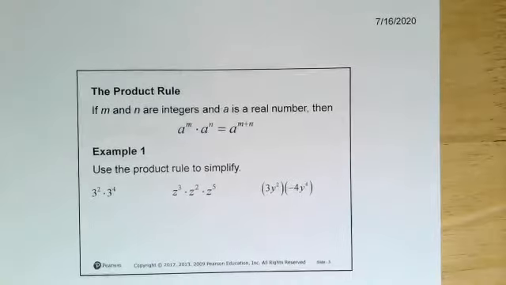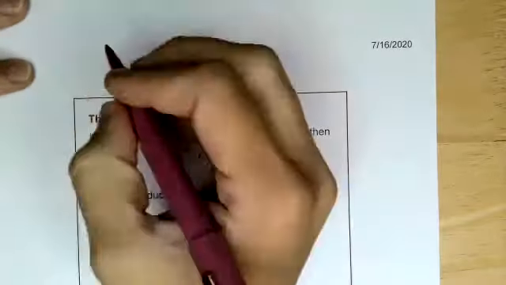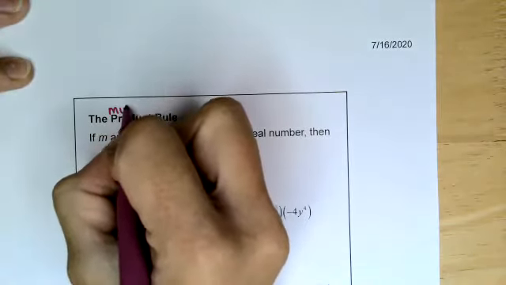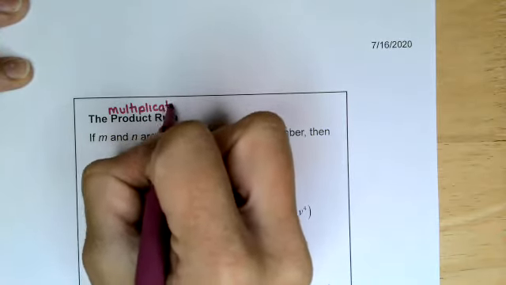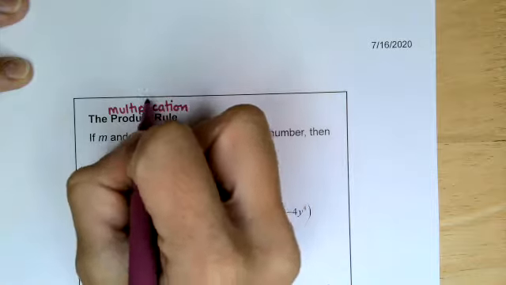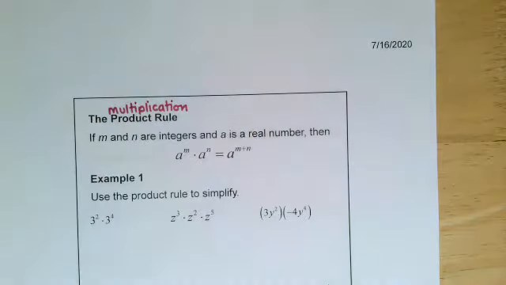The product rule, product means multiplication. And the product rule means if m and n are integers and a is a real number, a to the power of m times a to the power of n becomes a to the power of m plus n. Okay.